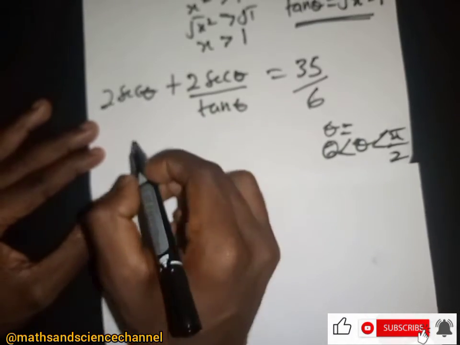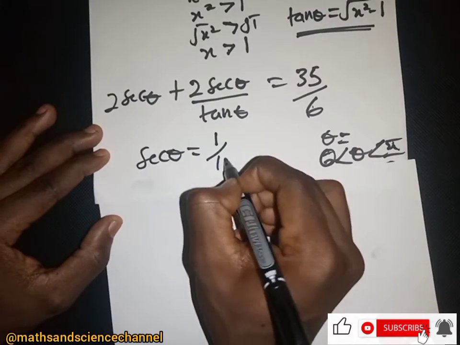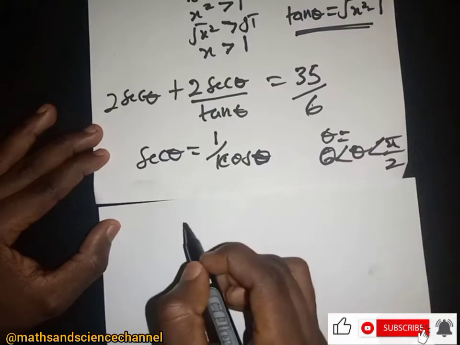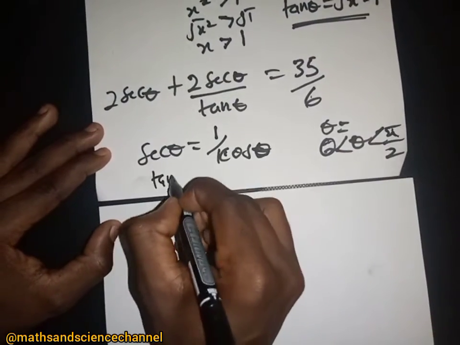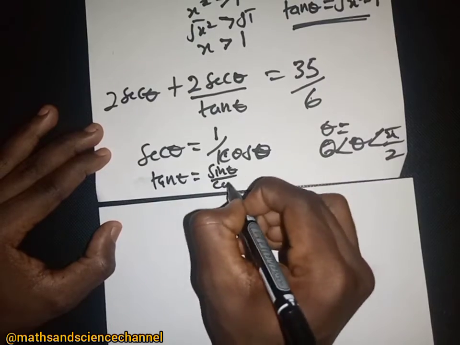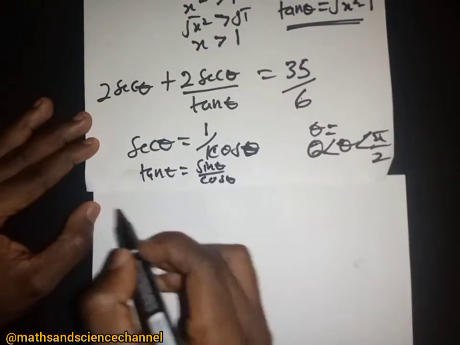Now we all know that sec theta is just 1 over cos theta, and tan theta is just sin theta divided by cos theta. So we substitute this into the formula here.